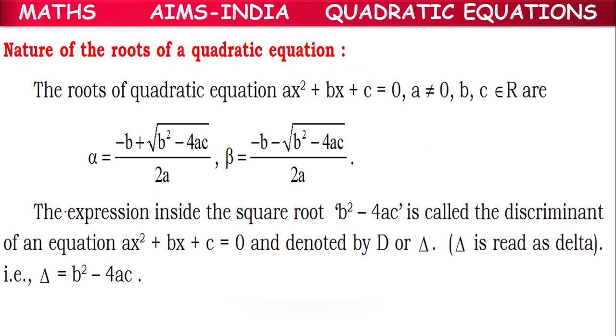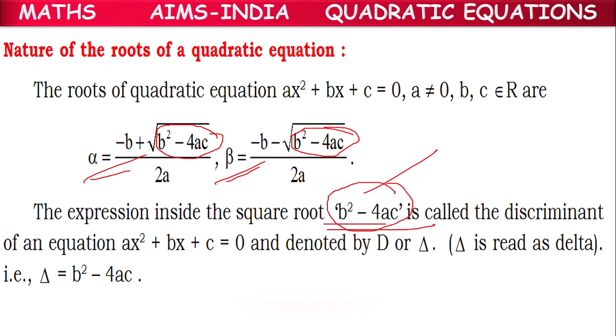We can describe the nature of roots of alpha and beta with the help of the value inside the root in the quadratic formula, which is b square minus 4ac.